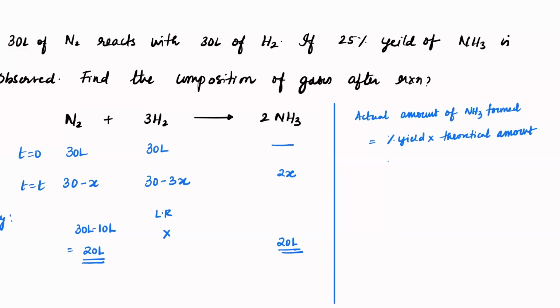So percentage yield given is 25 into 20, by 100, correct? So that makes it 5 liters, correct? So only 5 liters were actually formed.